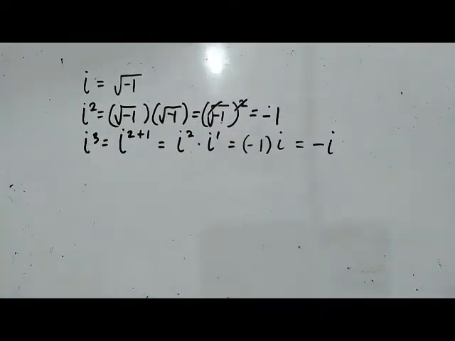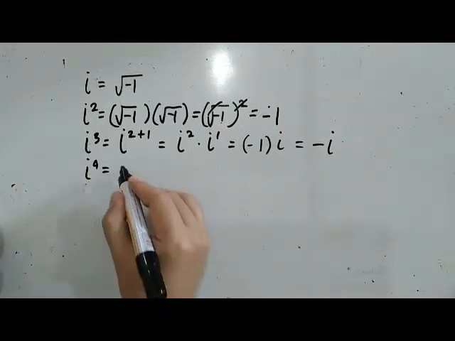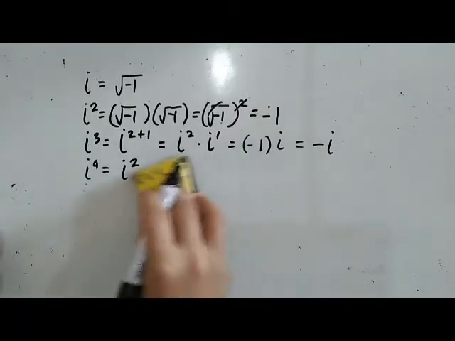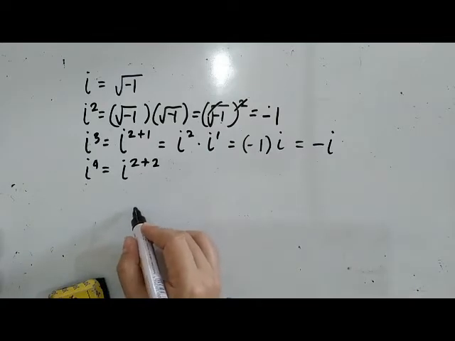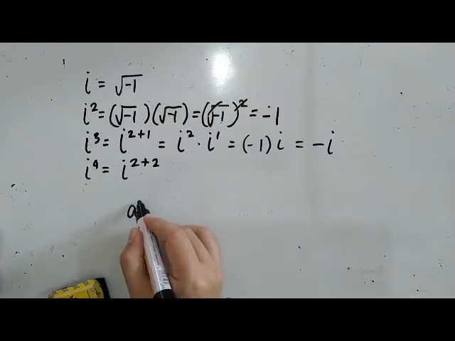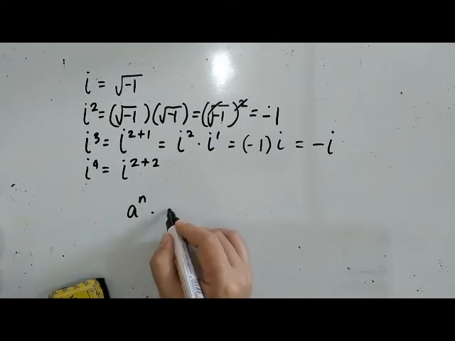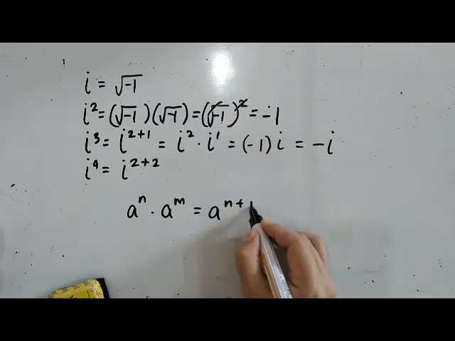Okay? And I to the power of 4 is equal to I squared times I squared, or I to the power of 2 plus 2. Remember the law of exponents: a to the power of n times a to the power of m is equal to a to the power of n plus m.